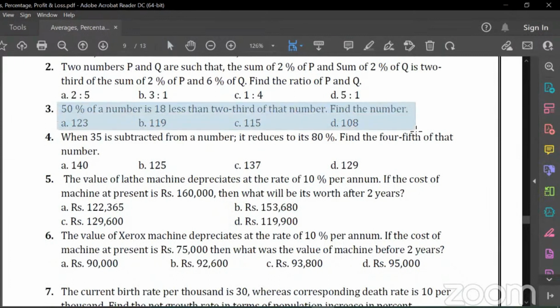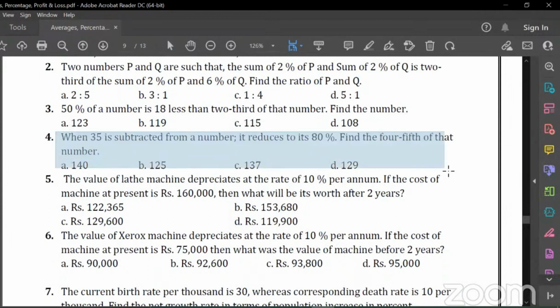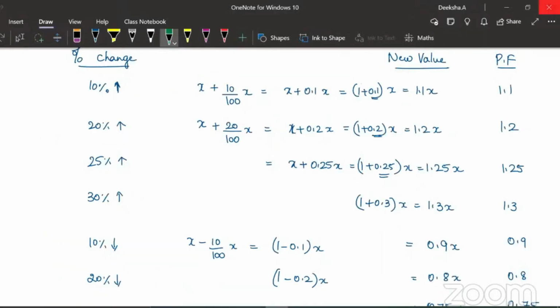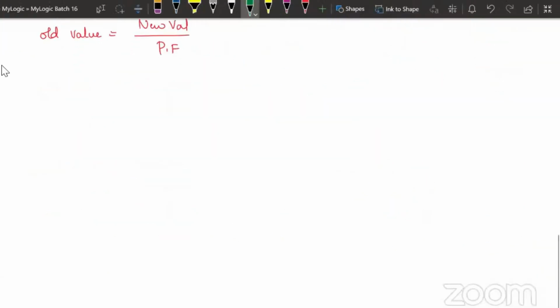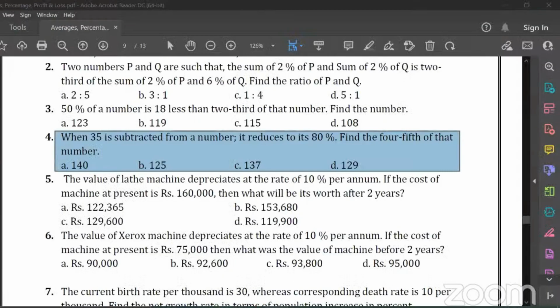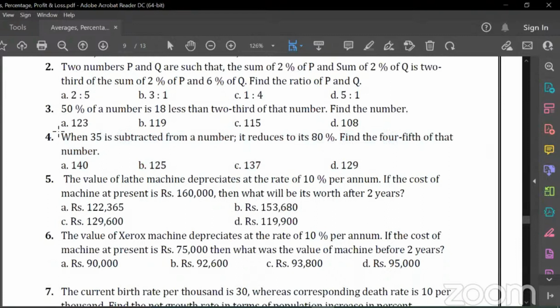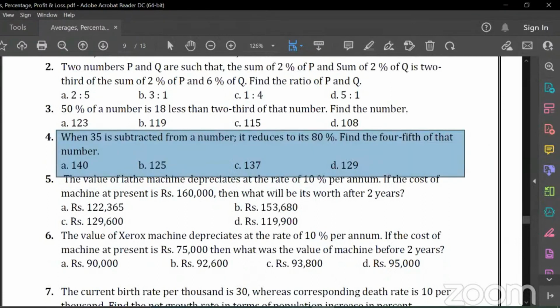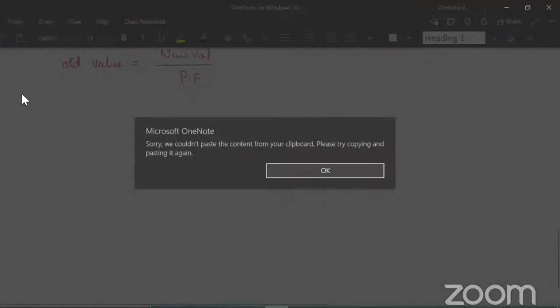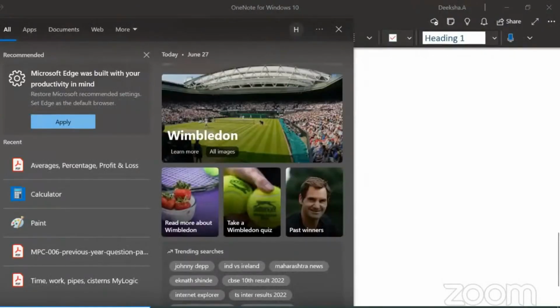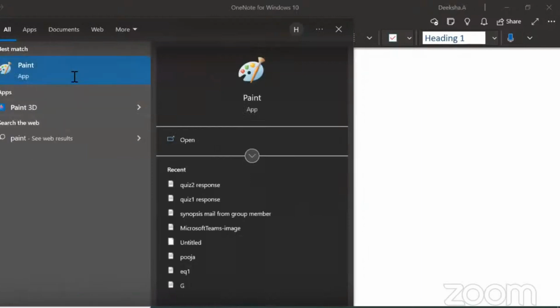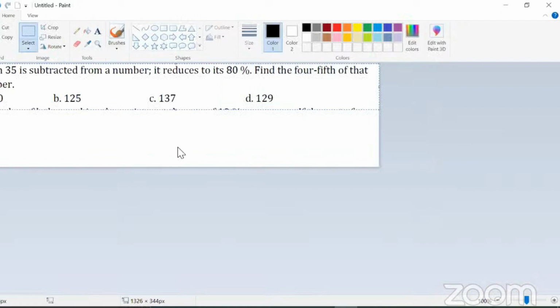So let us solve this question. Anyways, there is some issue with copying it.